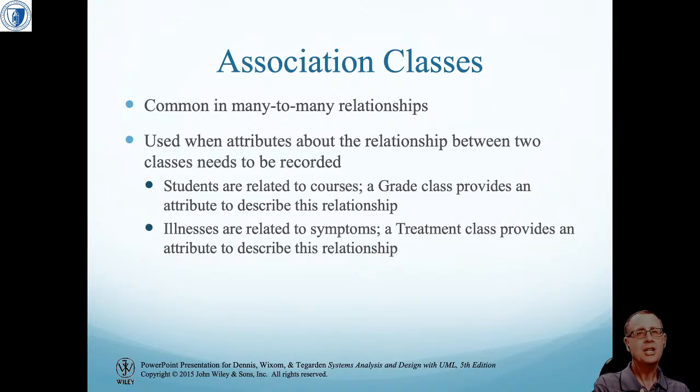Right? Association classes are usually derived classes that connect to other classes. So, for example, students are related to courses, and a grade class connects the student with the course by adding the grade field.